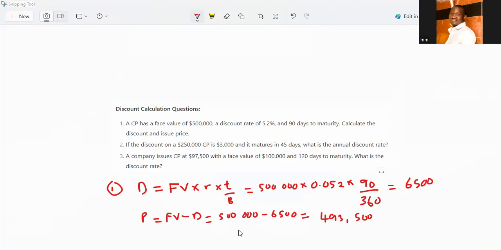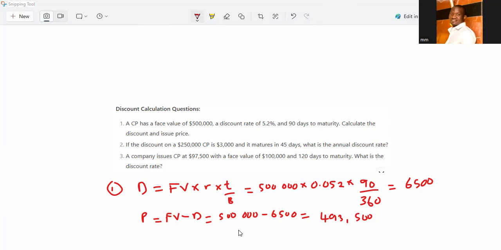The key terms we need to understand: the face value, which is the amount the issuer promised to pay at maturity, in this case 500,000. The issue price is the amount the investor actually pays to buy the commercial paper, usually less than the face value. And the discount is simply the difference between the face value and the issue price. So the discount D is computed as face value minus the issue price.